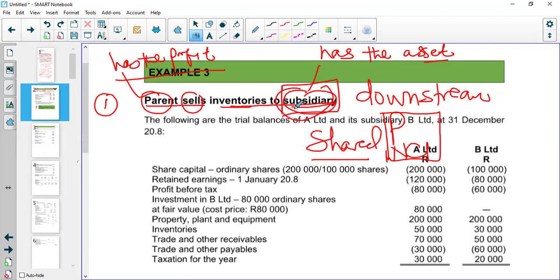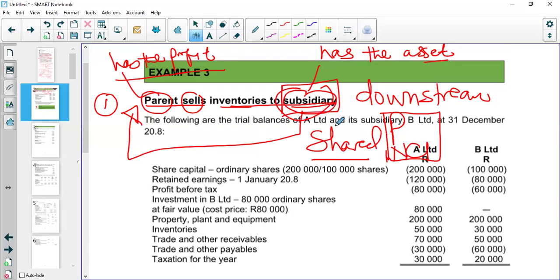Because if the subsidiary was the seller in an upstream transaction, the subsidiary sells to the parent. This is an upstream transaction. The subsidiary has the profit. So if we make adjustments to profit, unrealized profit, then we are adjusting the profit of the seller, of the subsidiary, in a case of an upstream transaction.